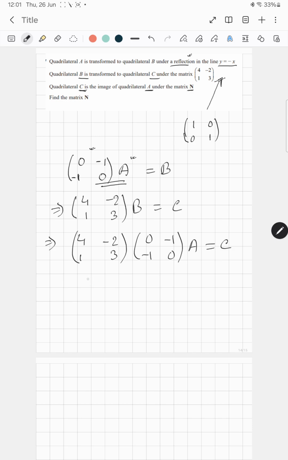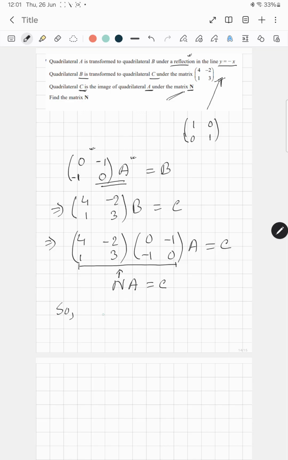Now let's see, according to this point, quadrilateral C is the image of quadrilateral A under transformation N, which means N times A will give me C. This is what this point says, which means this N here is actually the value of all of it.